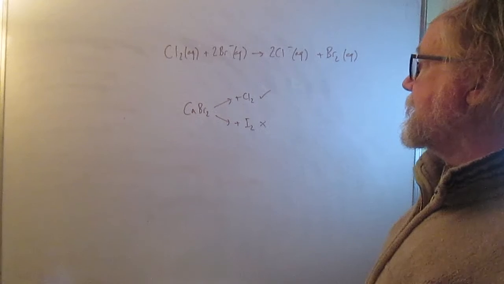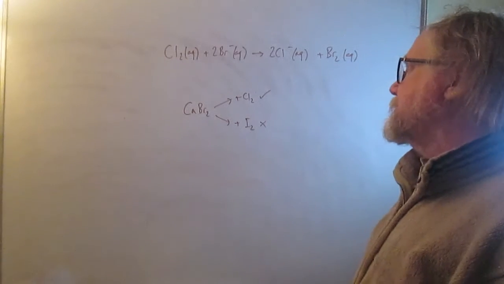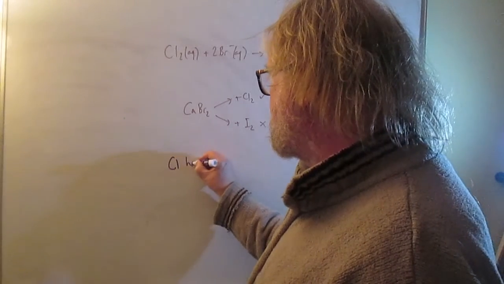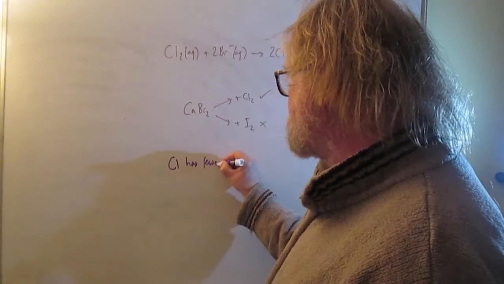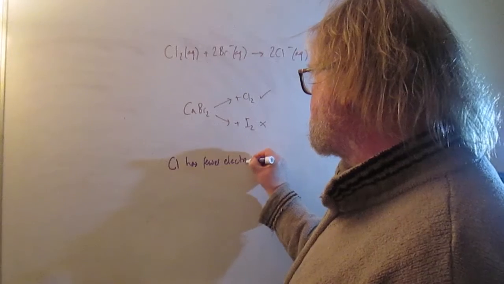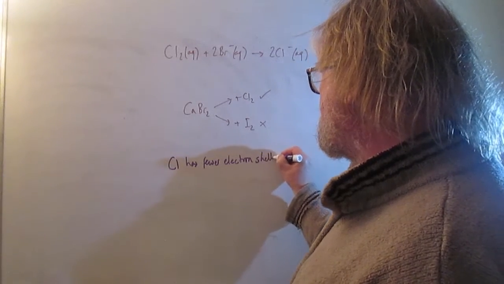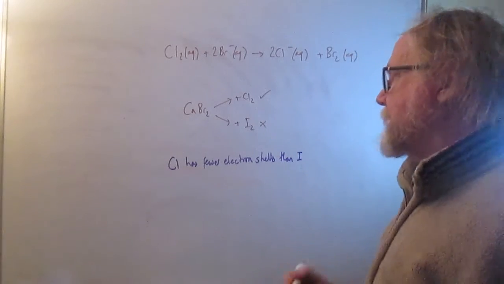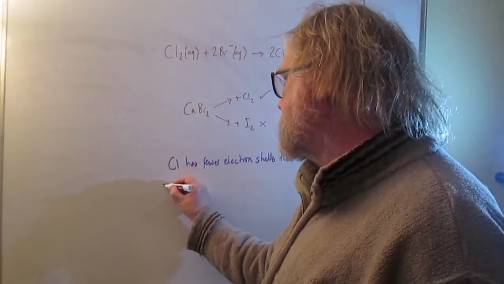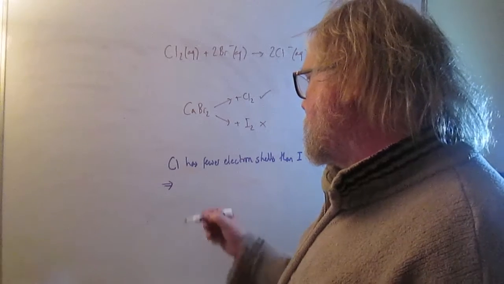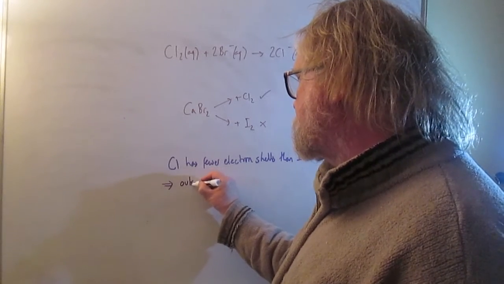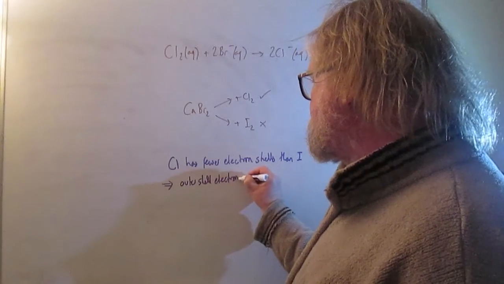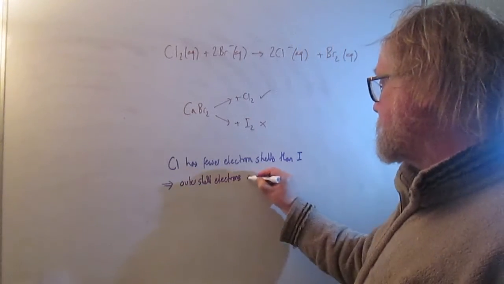So what it comes down to is the fact that chlorine has fewer shells of electrons than iodine. And that means that outer shell electrons are more strongly attracted to chlorine's nucleus than to iodine's.